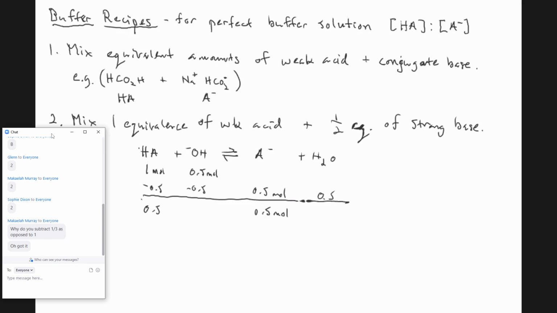Okay. Strong base will rip off every hydrogen available. Great example of this: acetic acid plus KOH, right?